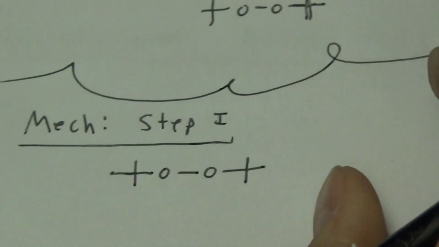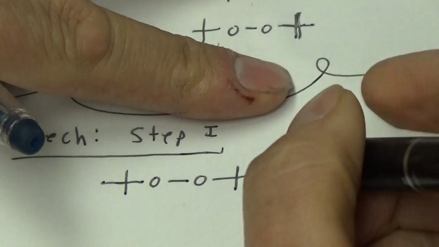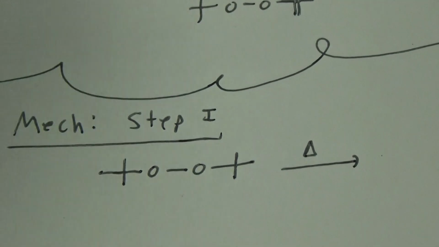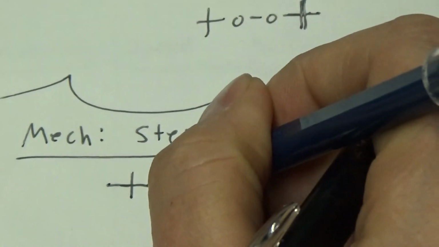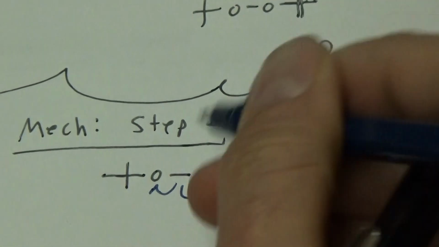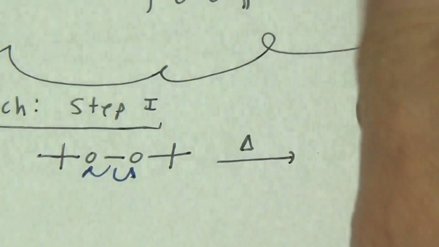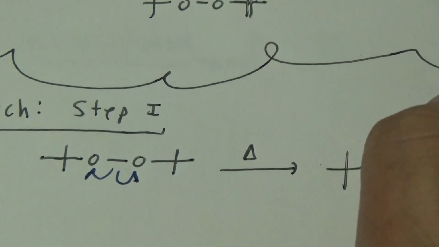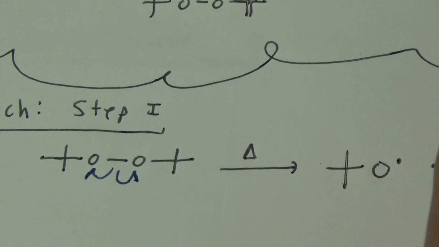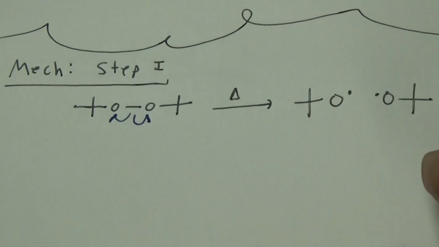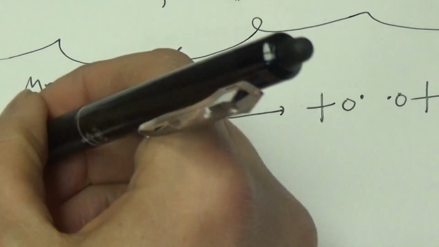The peroxide, maybe with a little bit of heat, breaks the bond. Fishhook, fishhook. So there's a radical mechanism. Remember radicals and the little fishhooks? Okay, so you get a pair of these oxygen-centered radicals. Okay, that's easy.